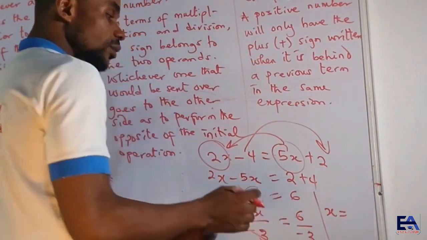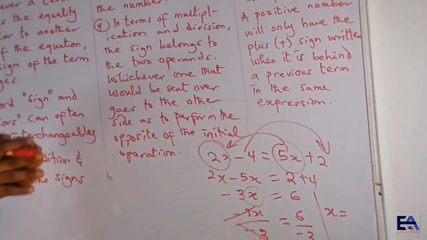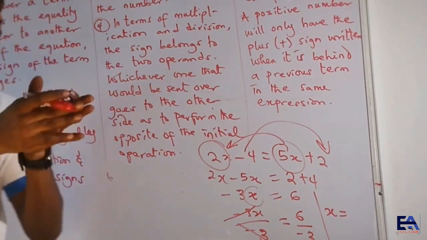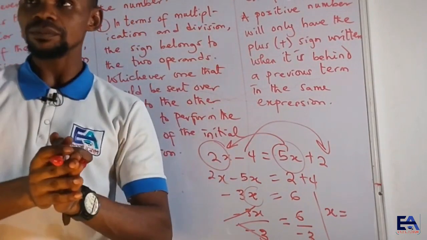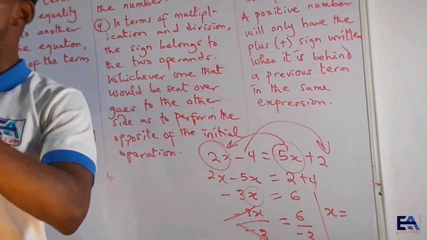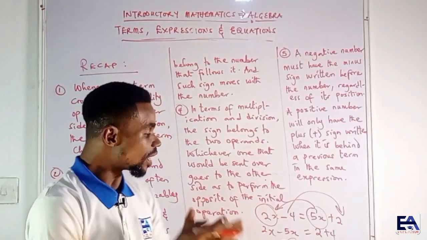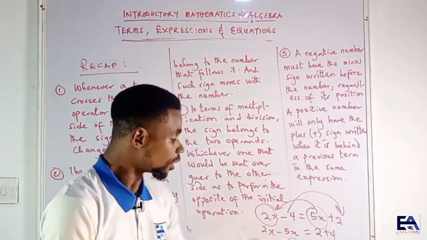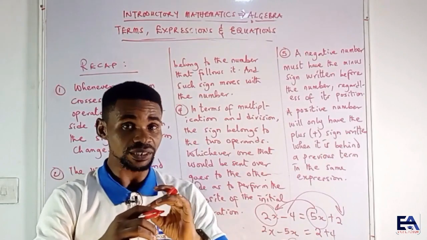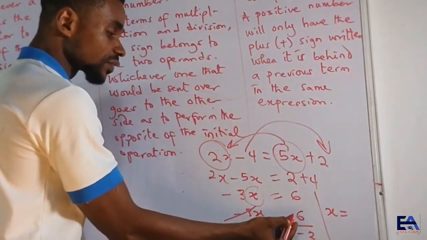Sorry, as a precaution in mathematics, it's very important to multiply or divide the signs first before you multiply or divide the numbers. It is a personal practice and it's something I suggest to every one of you out there. Whenever you are performing such an operation, you deal with the signs first before you deal with the numbers, so you don't miss it out. So this is a positive sign and this is negative.